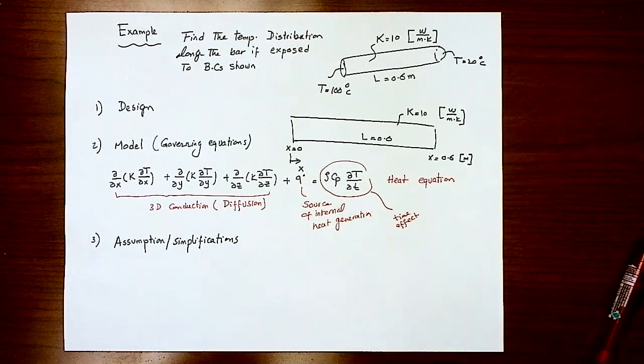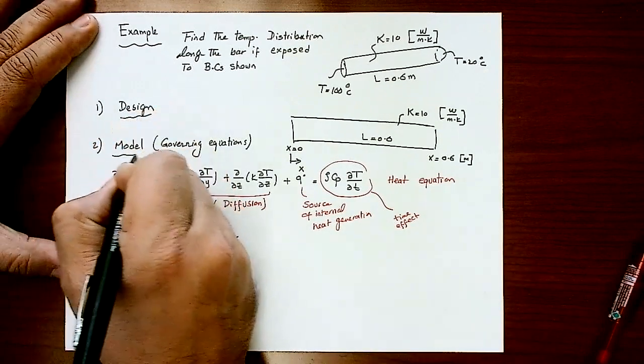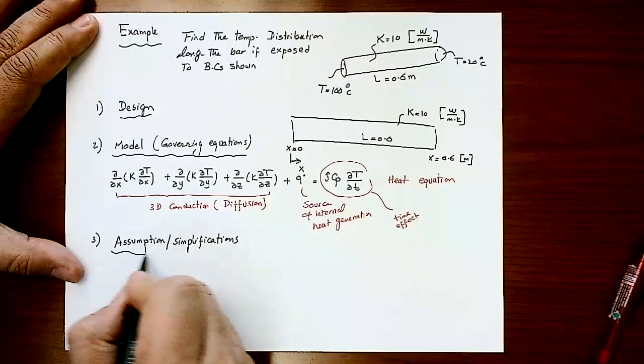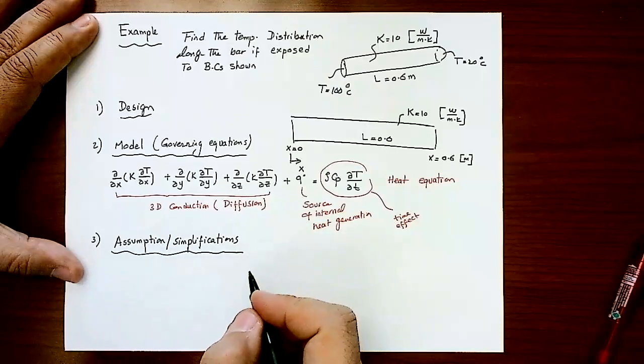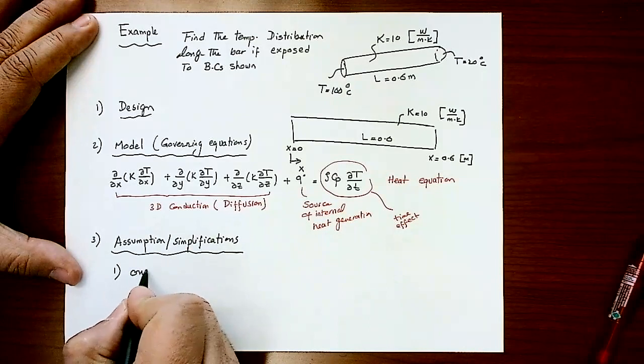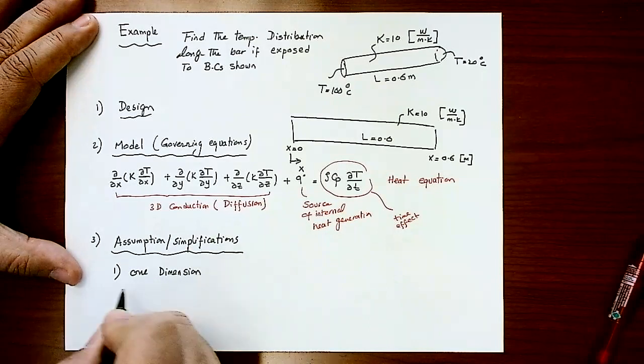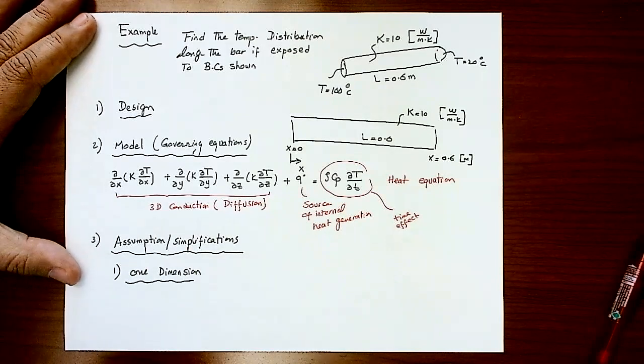So this is a very simple problem. I would like to solve that problem, and I may assume it's 1 dimension. So my first assumption actually is to assume I'm going to solve this as a 1 dimension problem. That's an approximation.